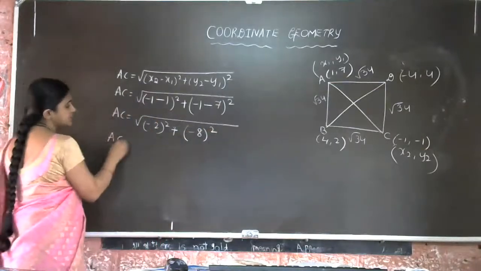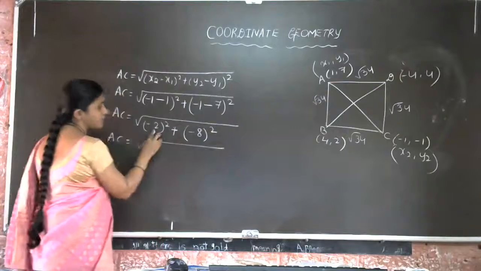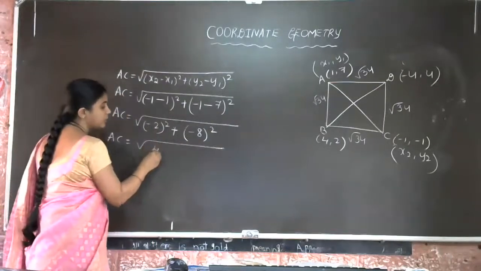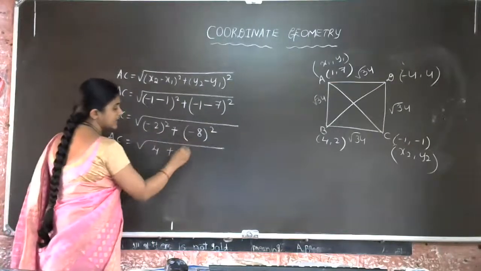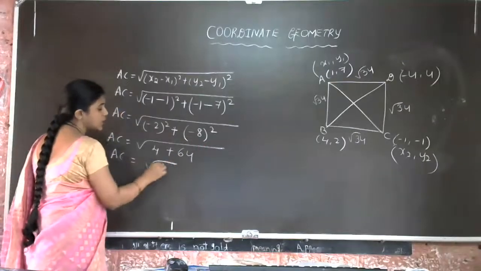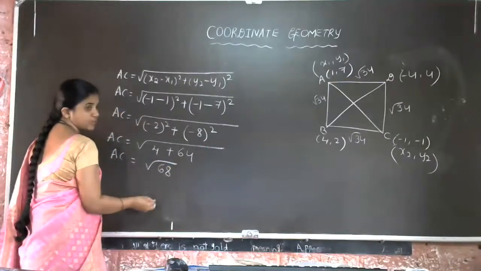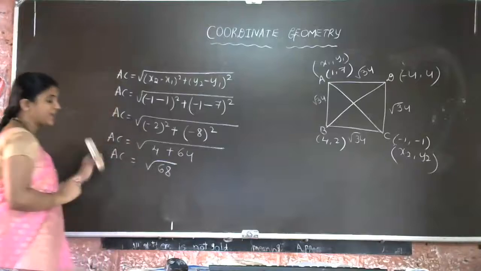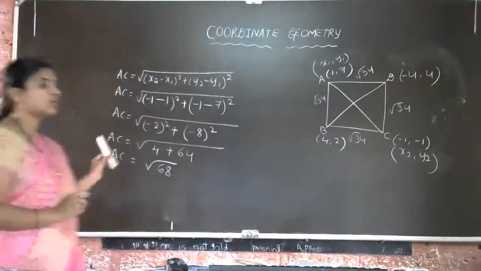So AC is equal to square root of 4 plus 64. Therefore AC is equal to square root of 68. One diagonal we got is square root of 68.